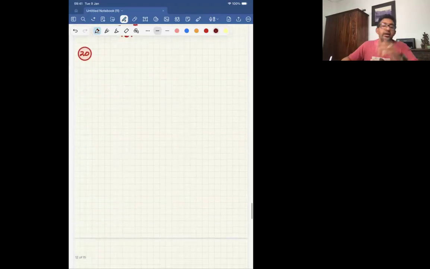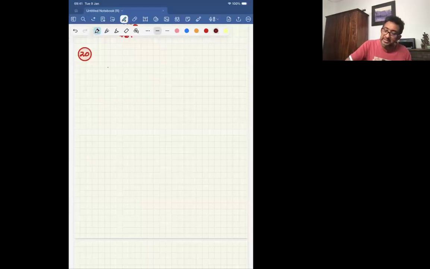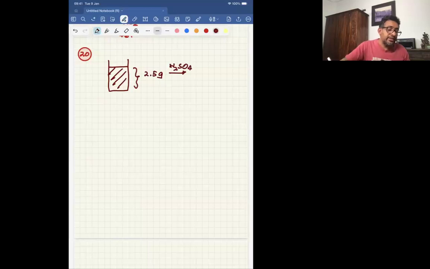Let us read that question. Lone sand contains iron 2 sulfate, used to treat moss. 2.5 grams of the brand of lone sand is mixed with dilute sulfuric acid, H2SO4, to extract the iron 2 salt, Fe2 plus.